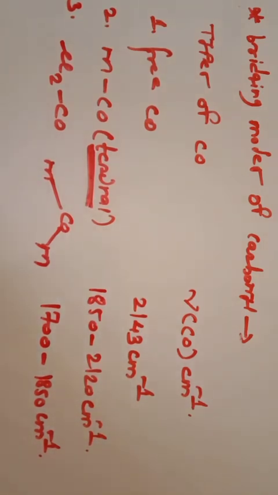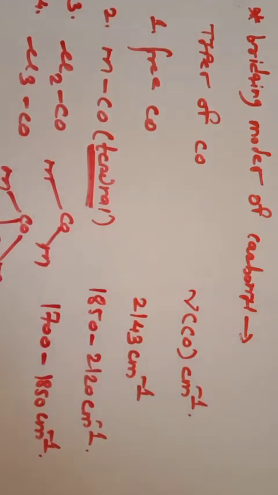So what is the meaning of mu? It means the carbonyl is in bridging position, and it is attached to two metal atoms. The next one is mu 3 CO. What does it indicate? The carbonyl bridges between three metal atoms.